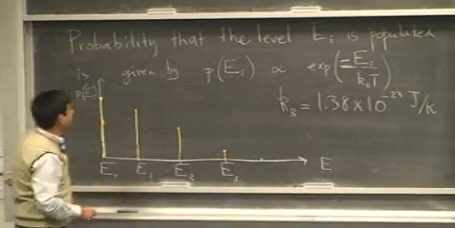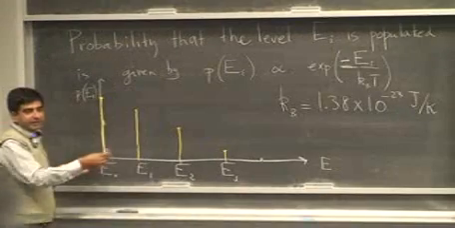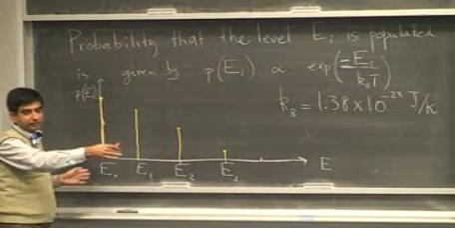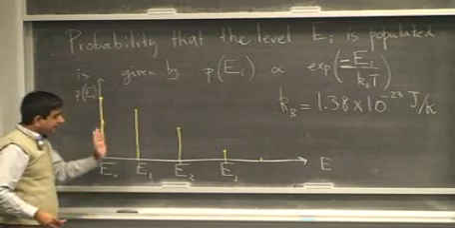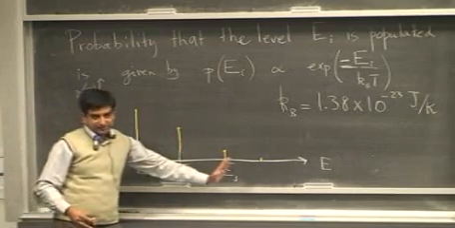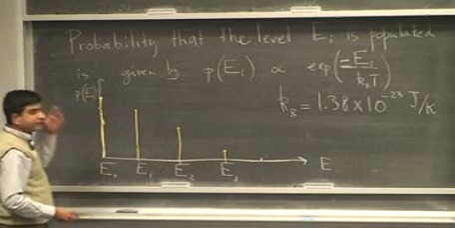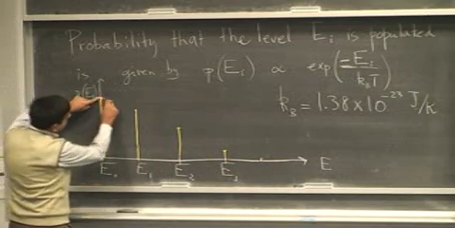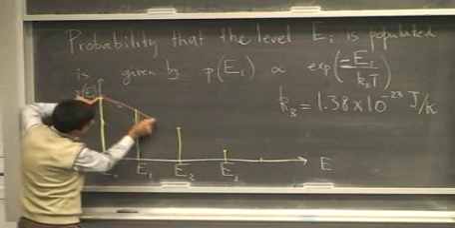And if we join the tops of these points, because these are discrete levels I can't draw a continuous curve, I'm not allowed to draw a continuous curve because the energy values are quantized. However, just for my visual aid, if I draw a curve it will have an exponential decay.